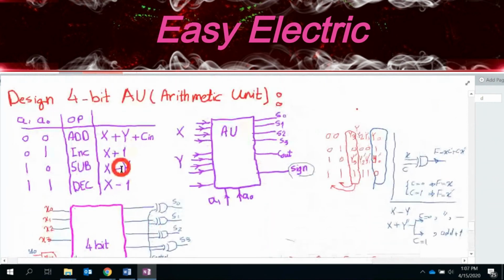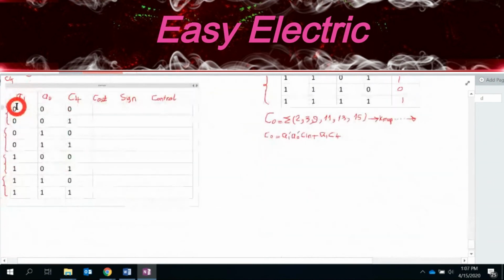It's exactly the same as this table that you see. 0, 0, x plus y; 0, 1, x plus 1; 1, 0, x minus y; 1, 1, x minus 1, okay? So I consider these as 4 different cases. So here in these 2 rows, it is 0, 0. A0 is 0, this is 0, this is 0, this is 0. That means you want to add x plus y.